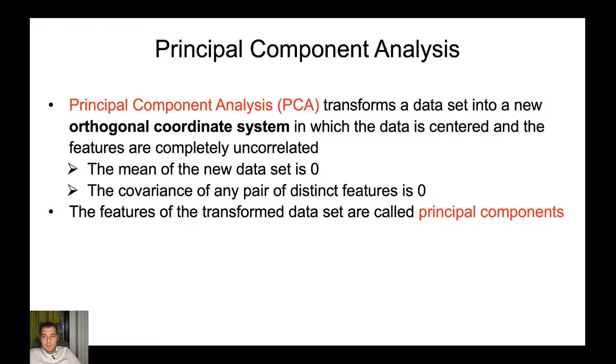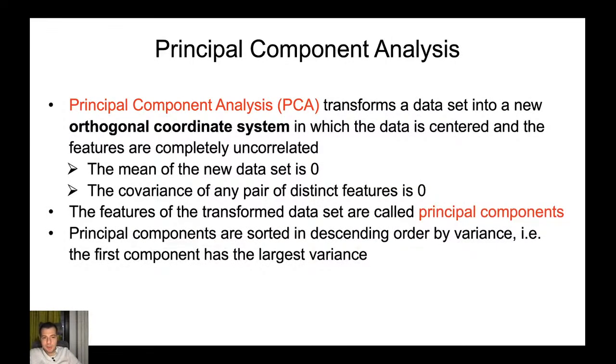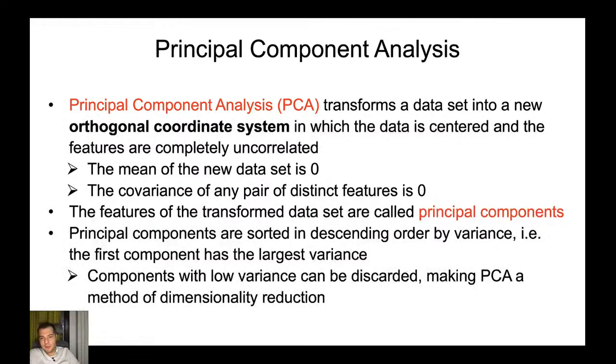Okay, so the features of the transformed dataset are called principal components. These are independent, the new coordinate system. And as I hinted earlier, these are sorted in descending order according to the variance. The first component has the largest variance, then the second component has the second largest variance, and so on.